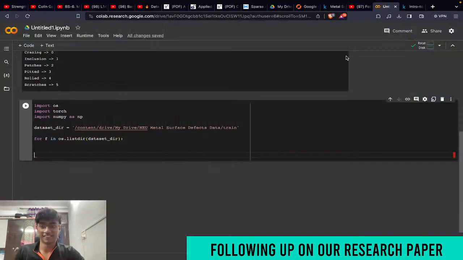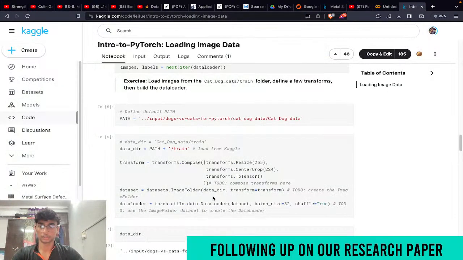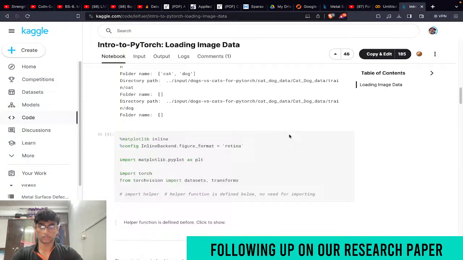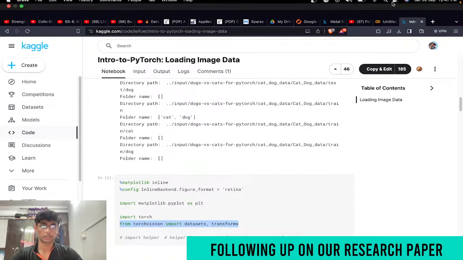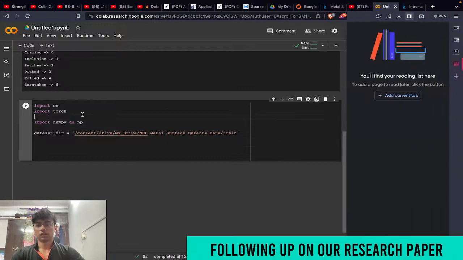Okay, let's try to do it this way. What we're gonna do is import dataset and transform. And nothing could go wrong. We'll figure this out.